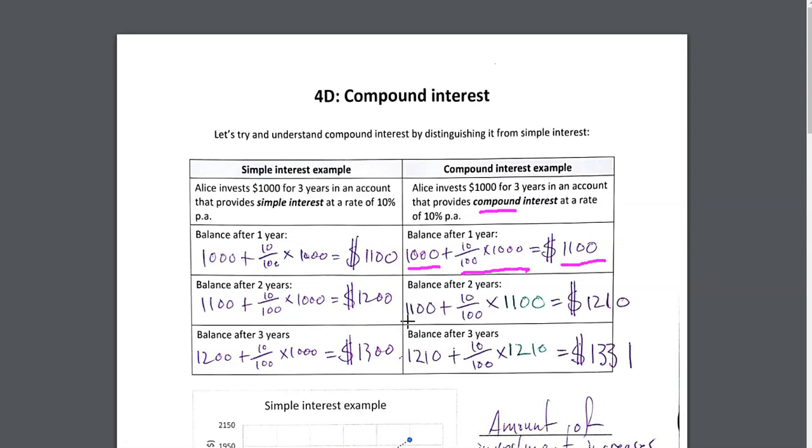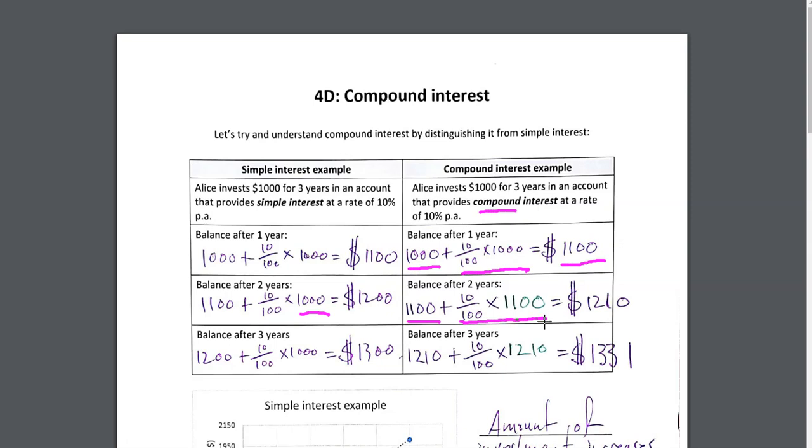So after 2 years, we will carry forth her balance from the previous year, and then to figure out the balance at the end of the second year, we don't add on 10% of the original amount, we add on 10% of the amount currently in her account.